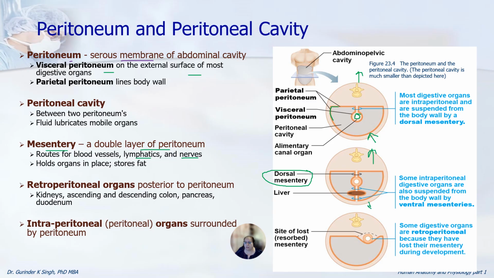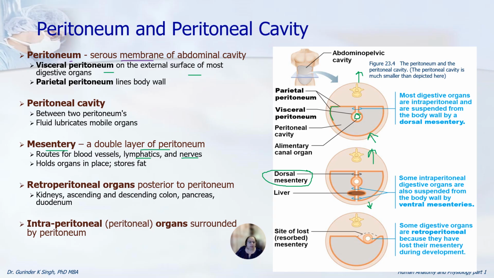Okay, so the dorsal mesentery is attached to the posterior wall of the abdominal cavity. Then we also have some organs present in the ventral mesentery. Ventral mesenteries will be attached to the frontal portion of the abdominal cavity wall. Okay, so that's something to remember.